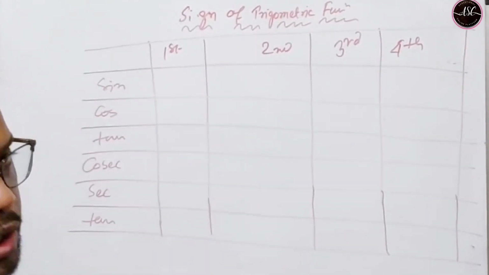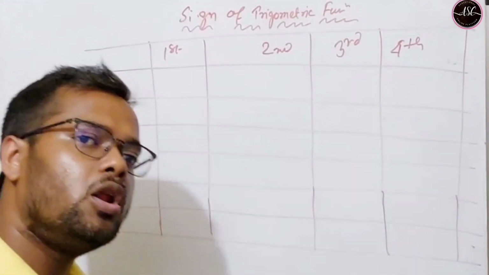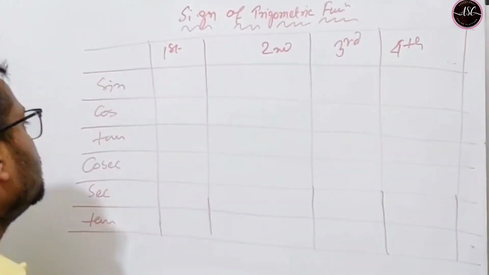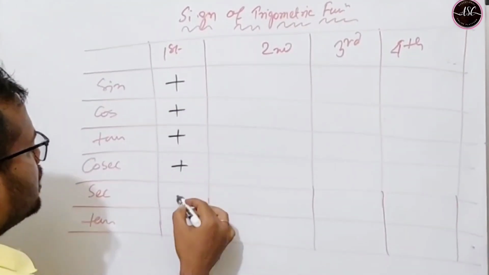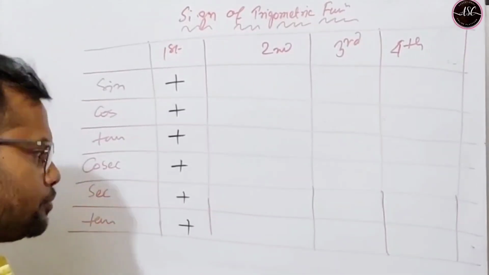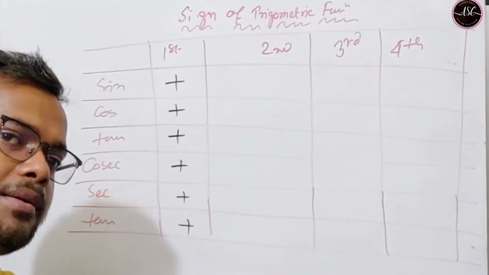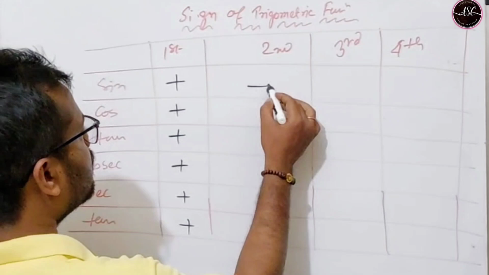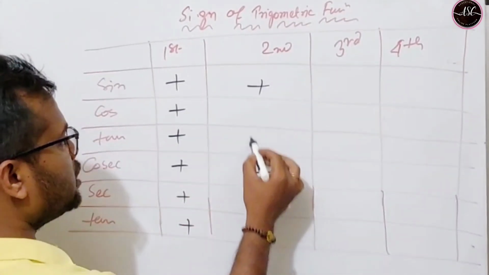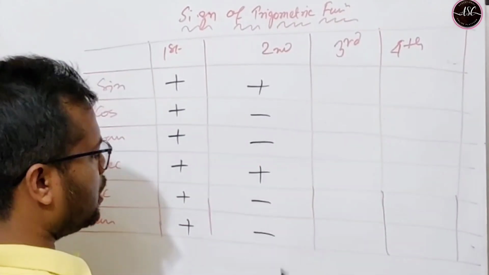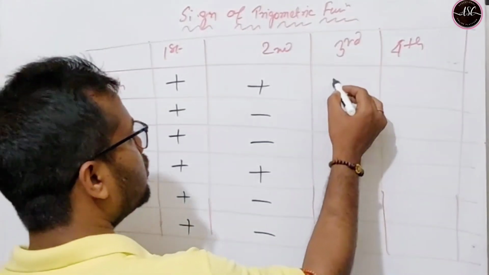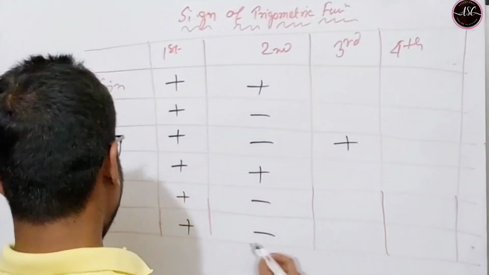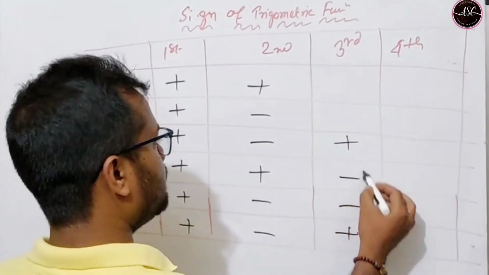We have seen in the first quadrant all of the trigonometric functions will be positive. So here sin, cos, tan, cosec, sec and cot will be positive. In the second quadrant only sin and cosec will be positive, the rest are negative. In the third quadrant tan and cot will be positive, the rest are negative.